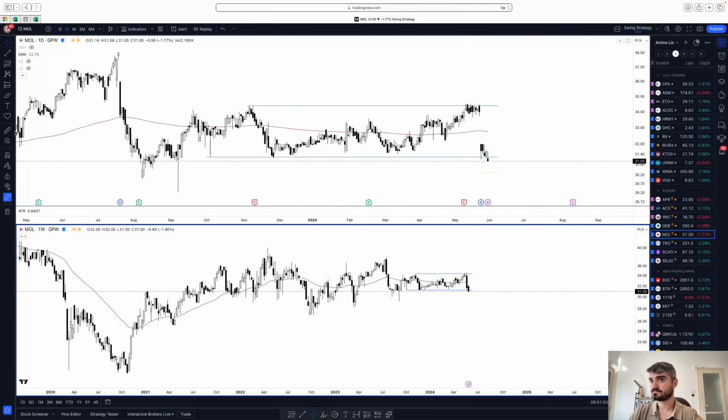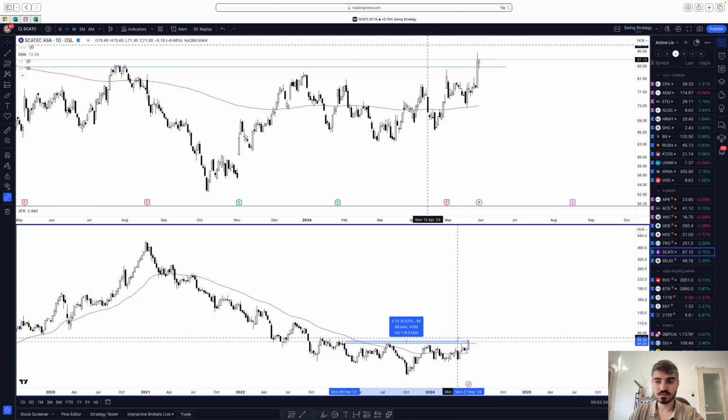Another rectangle, guys. Head and shoulders, okay, usually longer in duration than the ideal setups for me, okay.